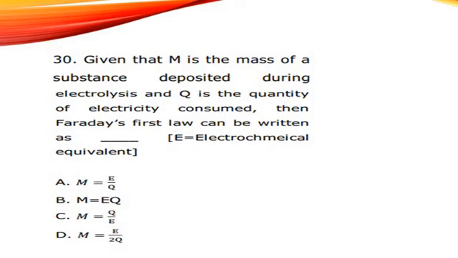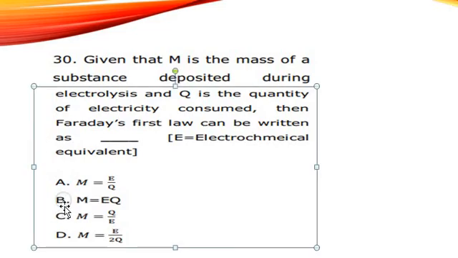So usually when you check it out, you find that your M is equal to ZQ, but then Z is also the expression of the electrochemical equivalent. So since they just changed the letter here, you can say that your answer is B, M is equal to EQ.